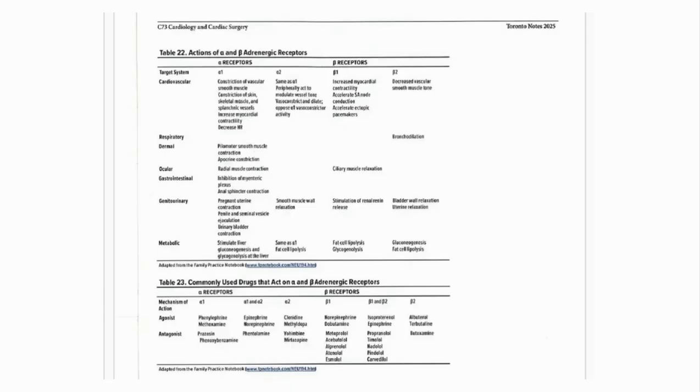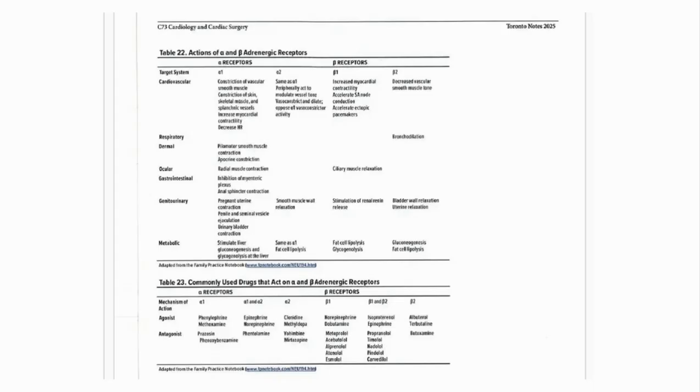In males, they also facilitate penile and seminal vesicle contraction and ejaculation. Metabolic effects. Alpha-1 receptors stimulate the liver to perform glycogenolysis and gluconeogenesis. These processes increase blood glucose during stress.